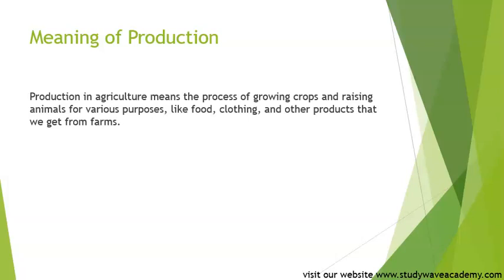When we grow vegetables, raise cows, or make honey, we are doing production. It's like creating things that are useful for people to use.